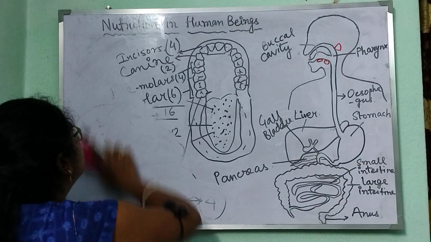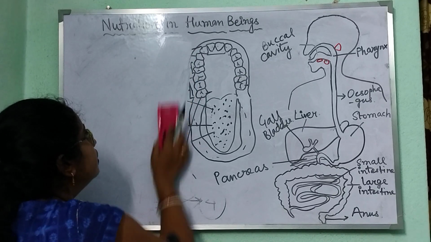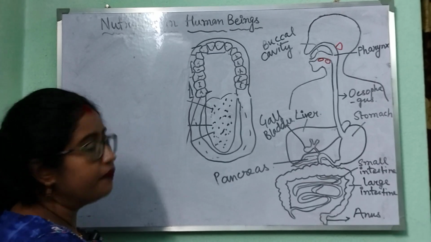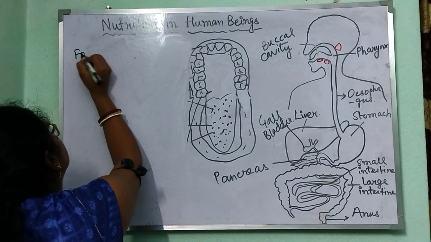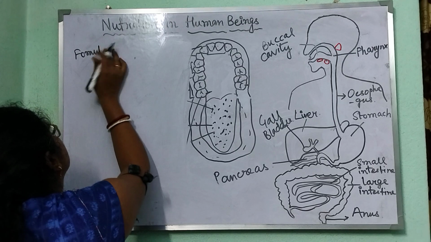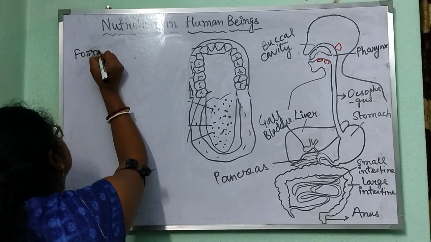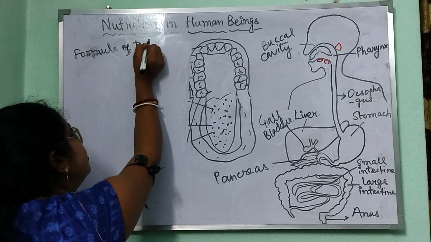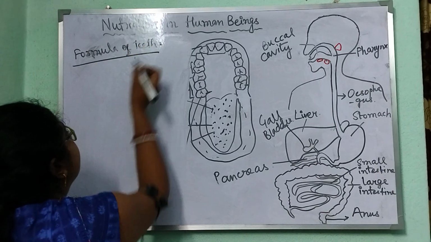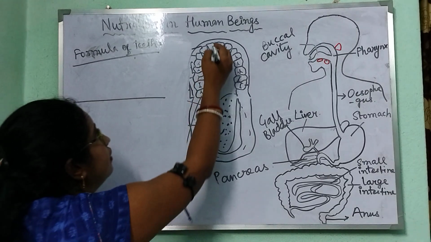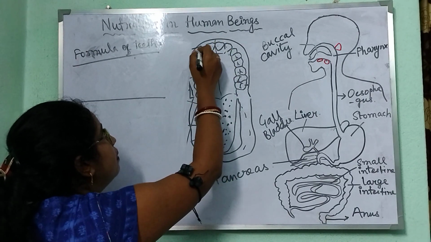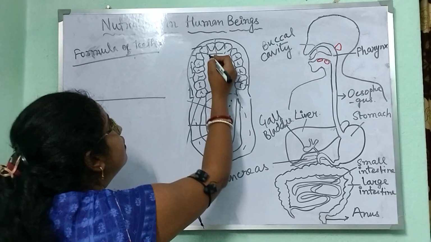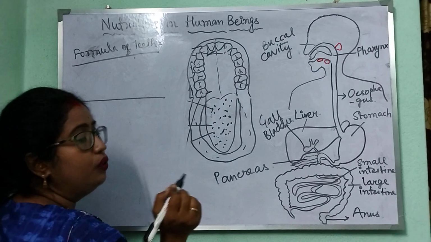So if we write down the teeth formula of human teeth, if we take the half number in each jaw, how many incisors do we have? 2 incisors.